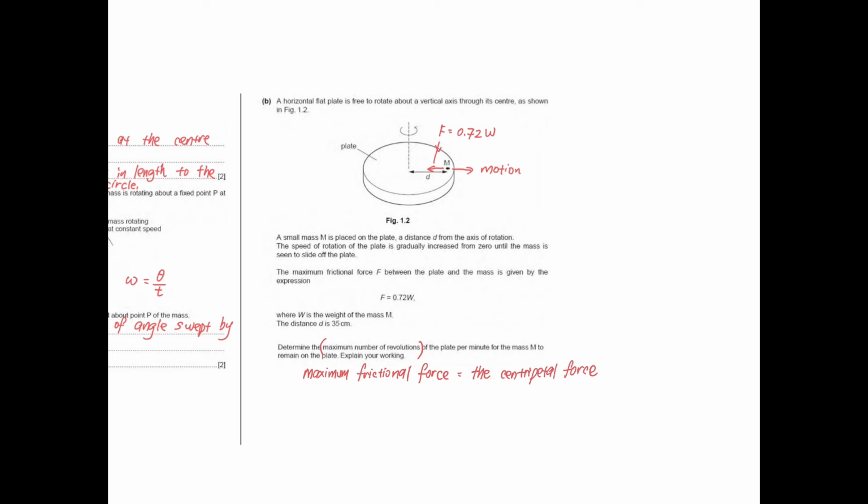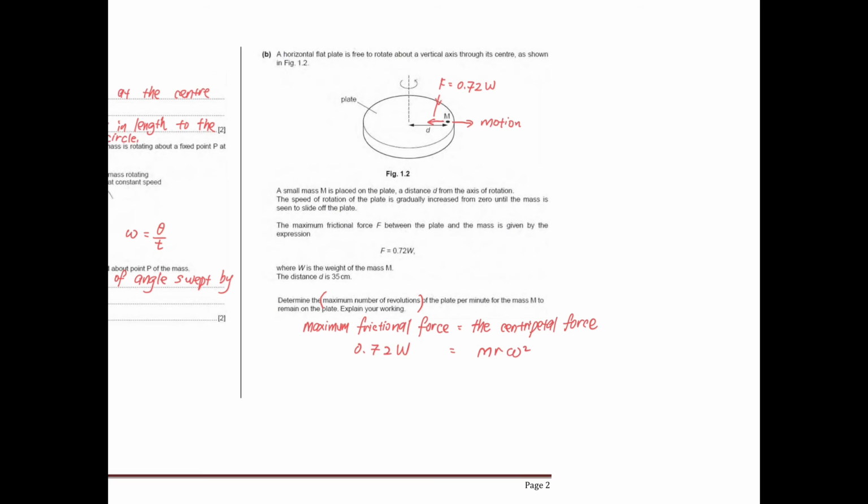Okay, so let's see how. Maximum frictional force is 0.72 W. Centripetal force is m r omega square. W is mg. So we can cut the m away, the mass of the object. And then 0.72, the g here is 9.81.